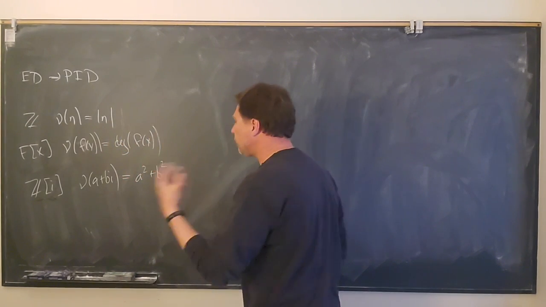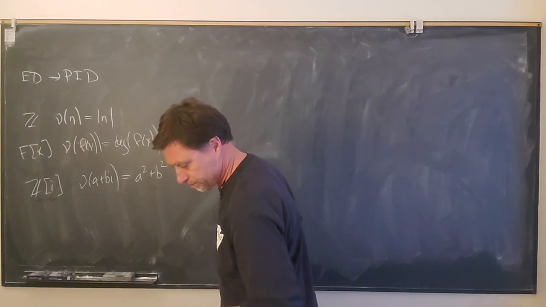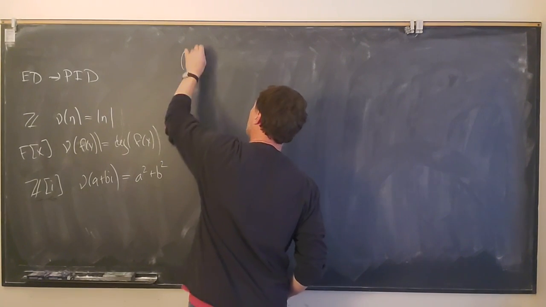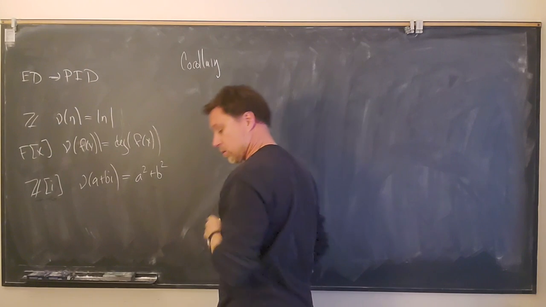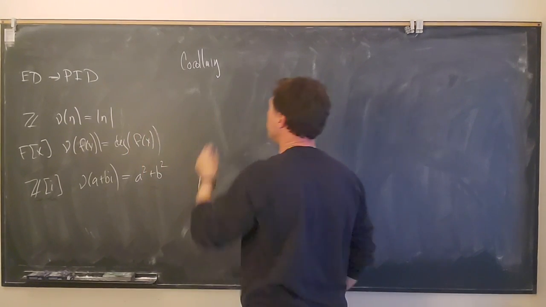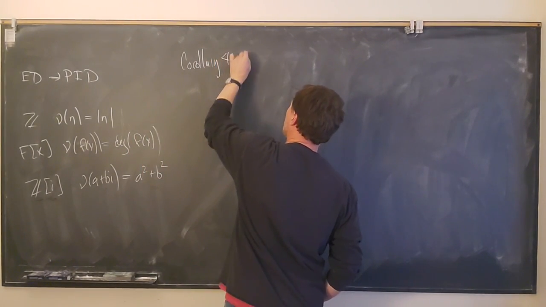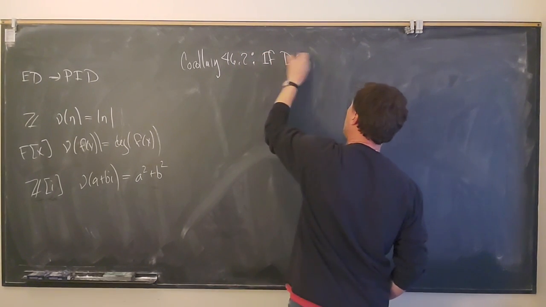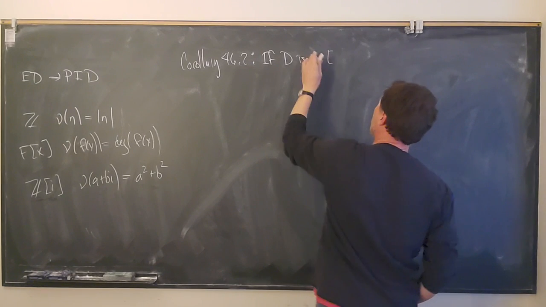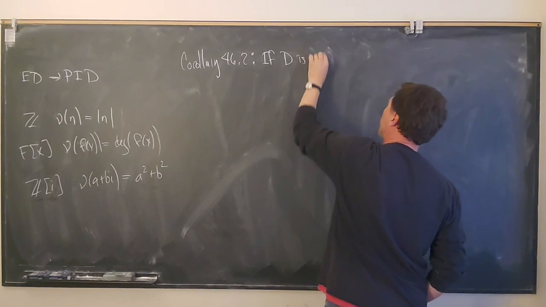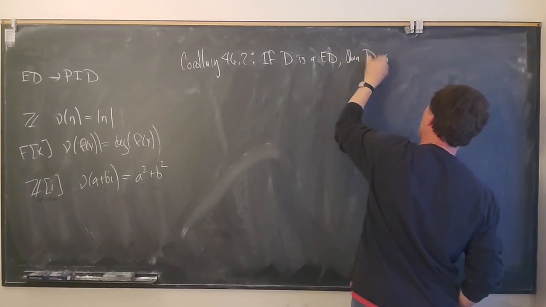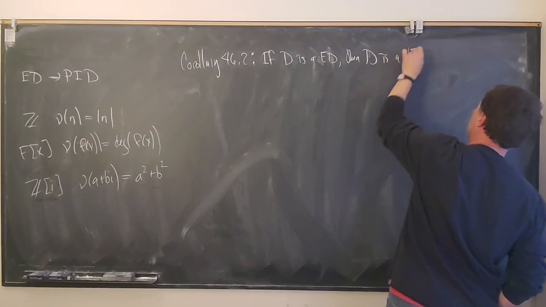So a couple of things I want to write down. First, this is a corollary, corollary 46.2. If D is a Euclidean domain, then D is a unique factorization domain.